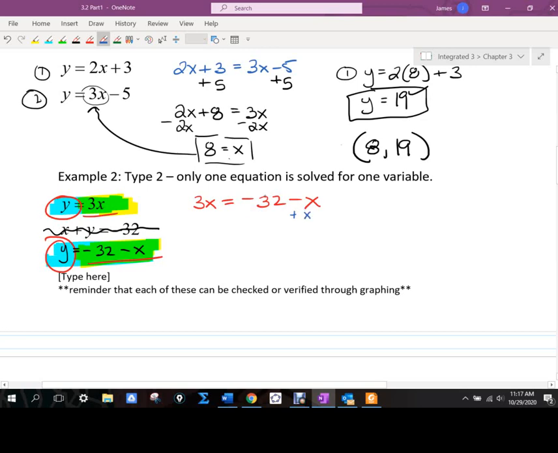Adding 32 would not be wrong, but adding x probably makes more sense. Remember that's 1x, so that's going to give us 4x equals negative 32, right? Then what do I do to solve for x? Okay, so it gives me x to be negative 8, right?